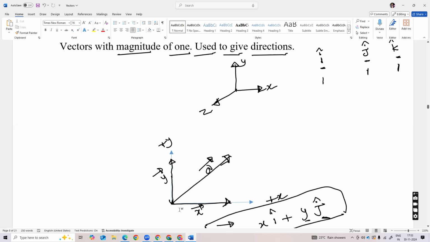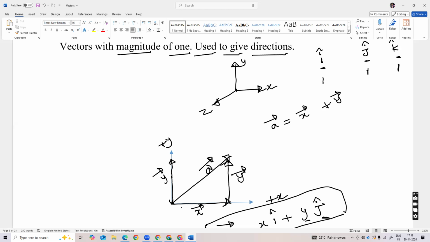So basically, if we are resolving this vector a along x and y direction, you can simply write it as x vector plus y vector, because from the property of vectors we have studied, you can move this y vector to this point and you can simply write this vector a as the addition of x vector and y vector.